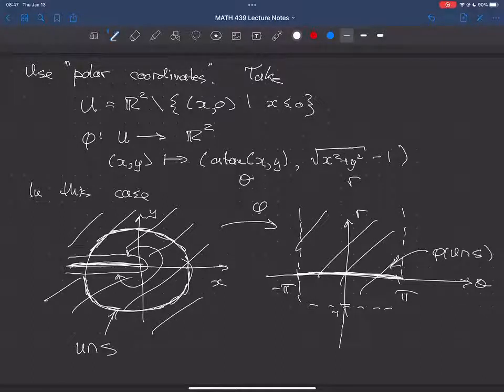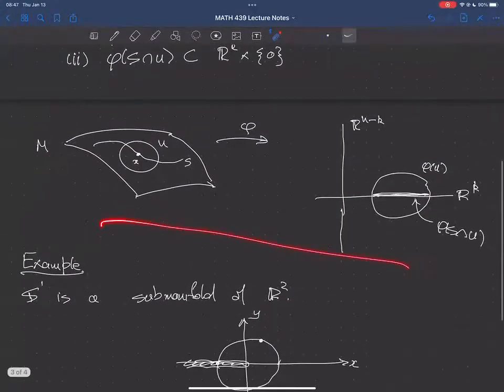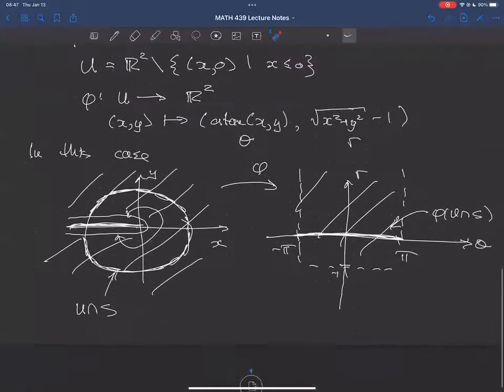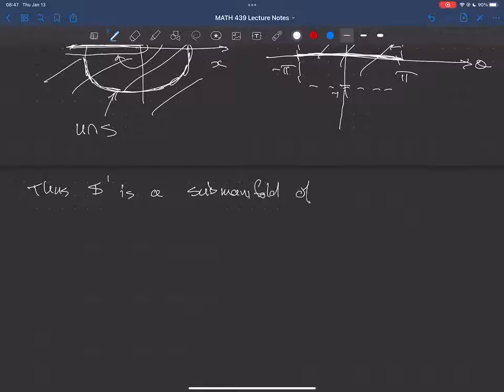Okay, and so I'm exactly in the picture that I drew up here. And so this shows that S1 is a submanifold of R2. Okay, any questions about that?